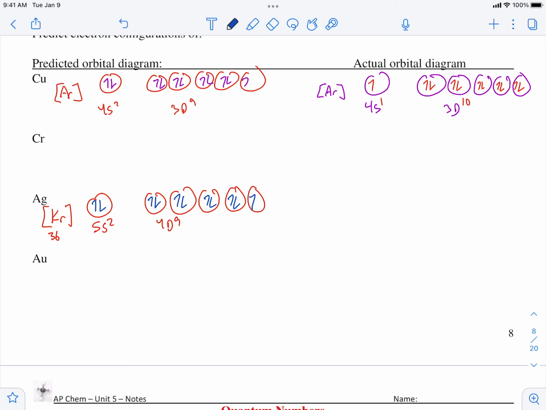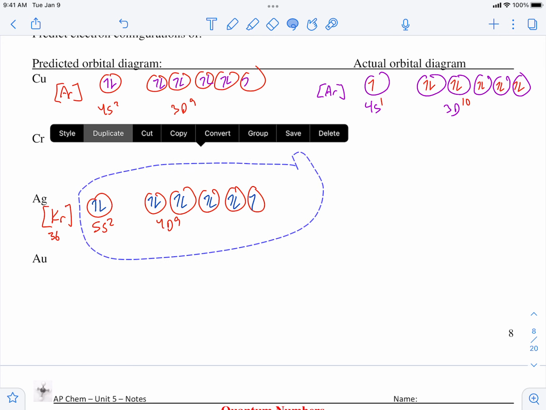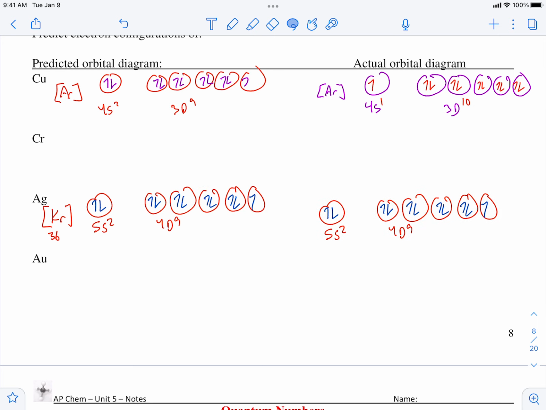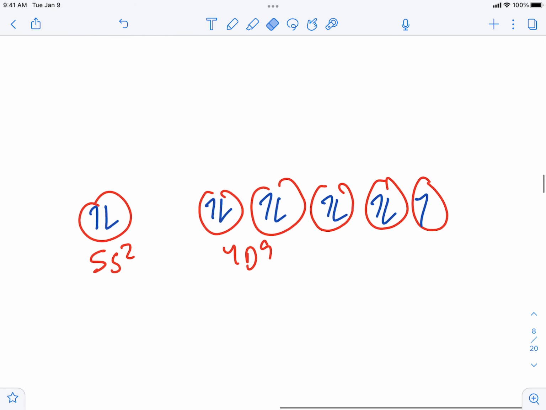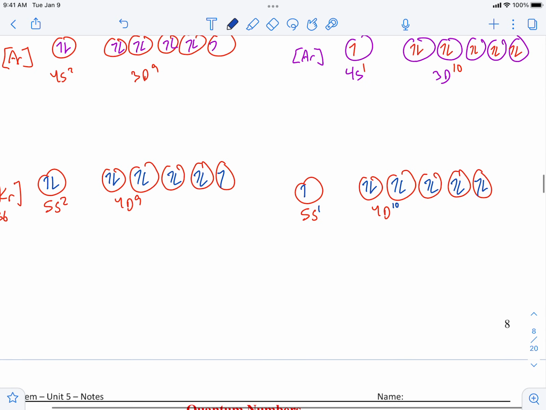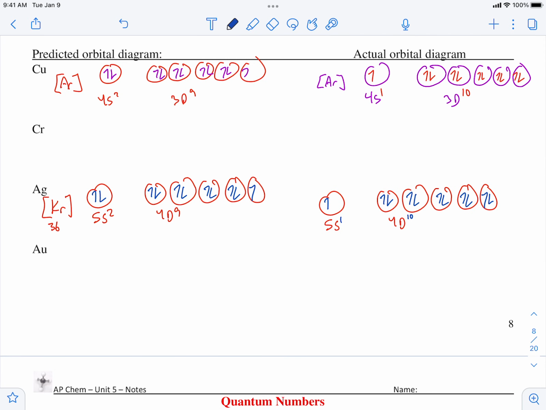But what we observe is this. It did the exact same thing that copper did. It pulled the s2 electron into the d10 position.